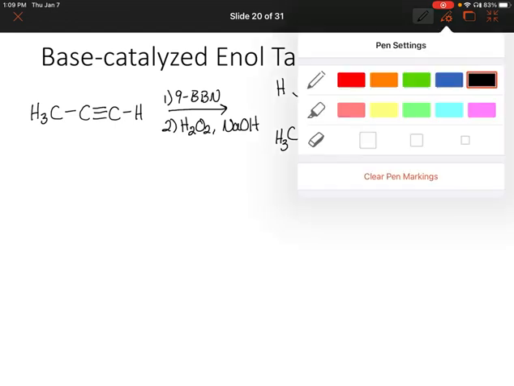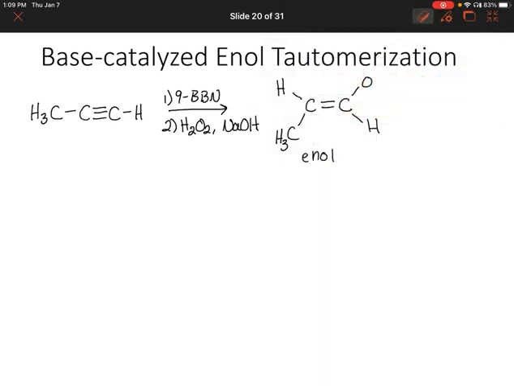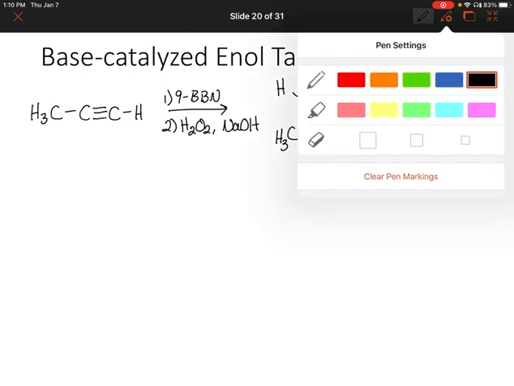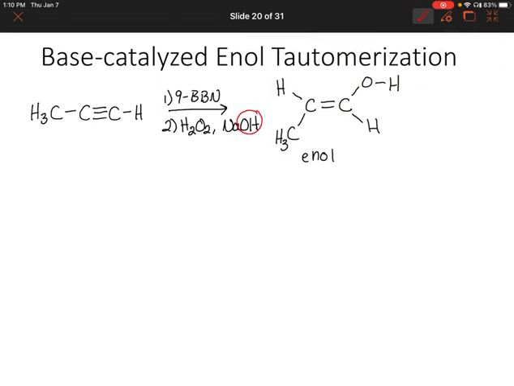But the first step here, I'm going to draw this a little differently. The first step for this tautomerization is the OH group from NaOH. That's going to come in and grab a hydrogen from the alcohol. And that's why this is called base-catalyzed tautomerization.